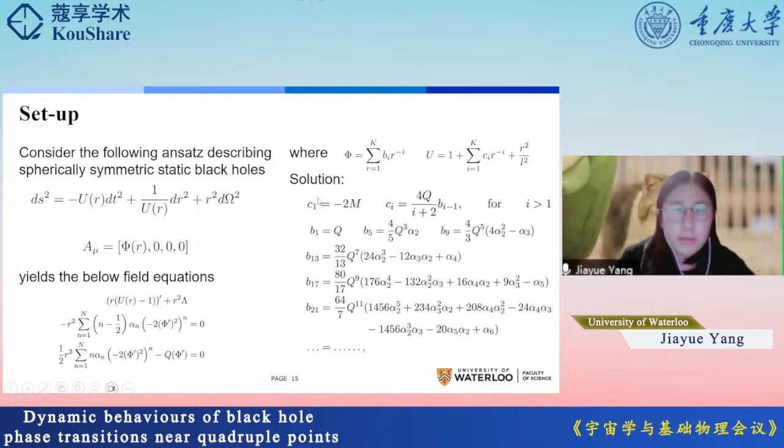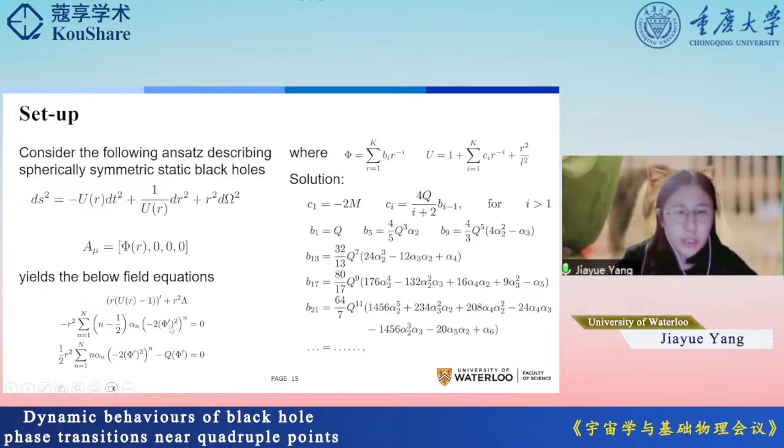If we make a power series of phi and U here, we can find the coefficients in front of the powers of r. We can find the B_i and also the C_i by solving these field equations.